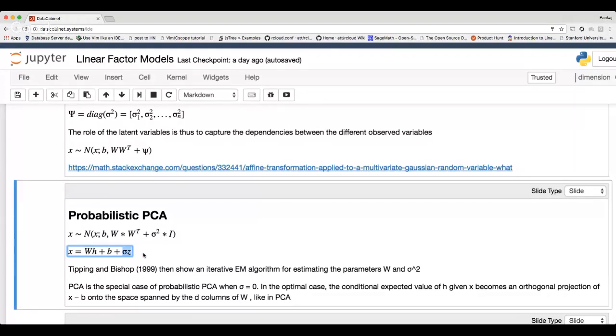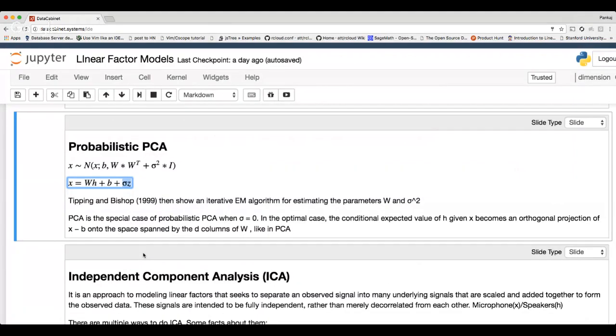The book says that in probabilistic PCA, what you're trying to find is a manifold in the shape of a pancake.